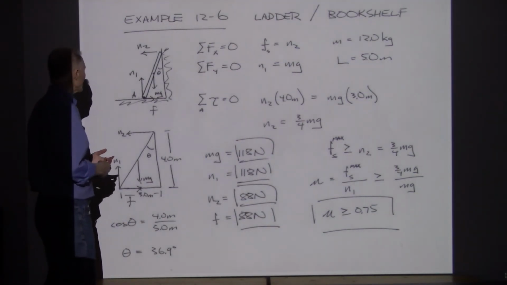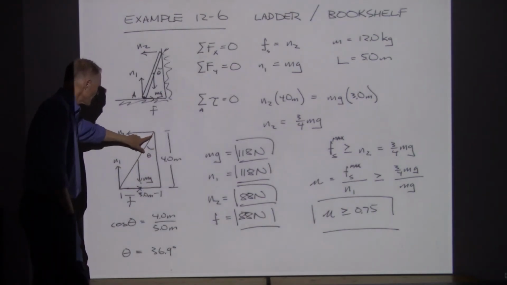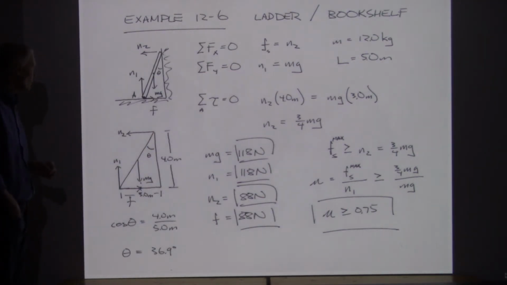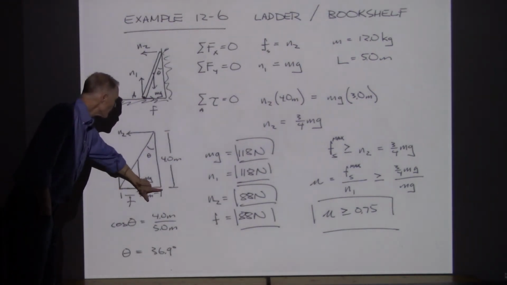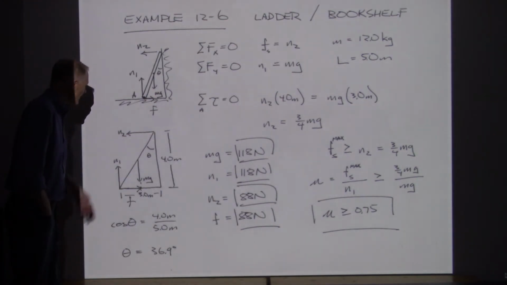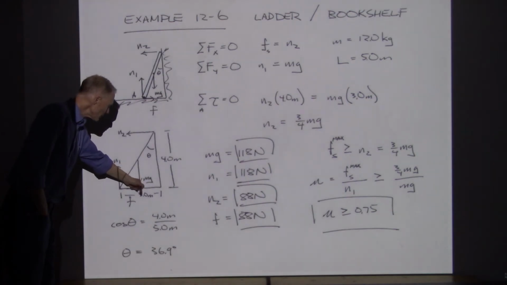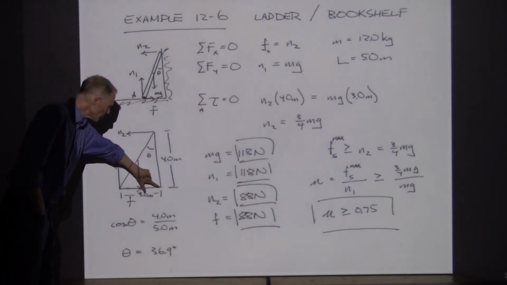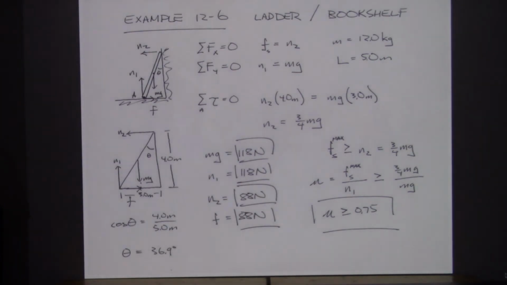Very often, drawing a second diagram, which just shows the geometry, allows me to more easily see some of the lever distances. On this one, I've emphasized this side is 3 meters, this side is 4 meters, and if I look at mg, mg is going right through the center of that 3 meter line, so that mg line is going to be centered on the 3 meter distance.